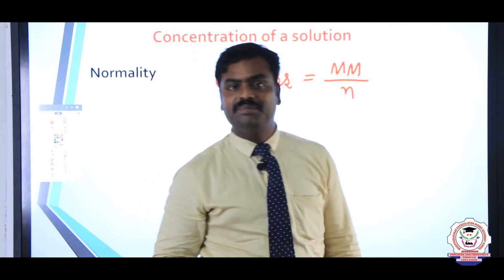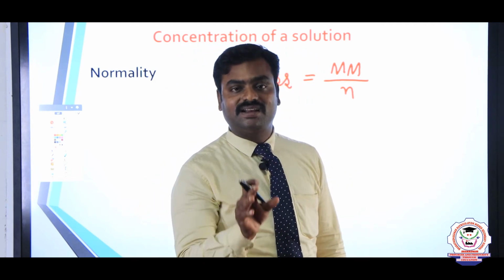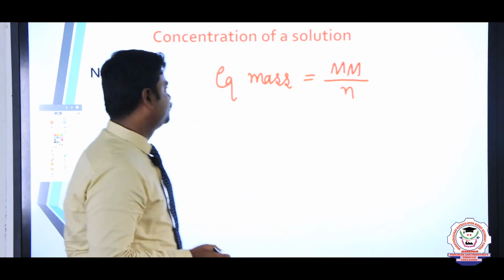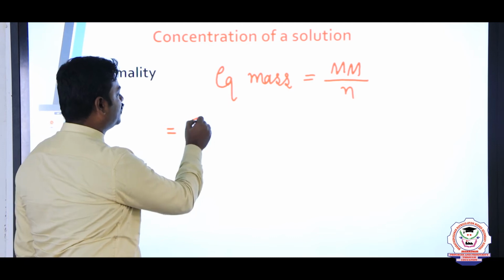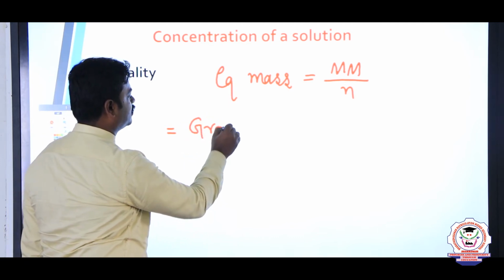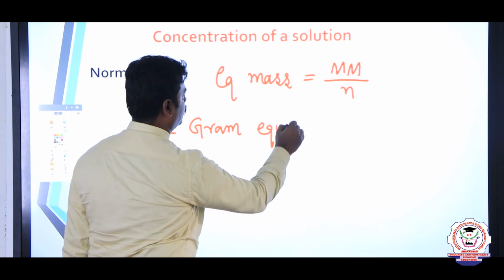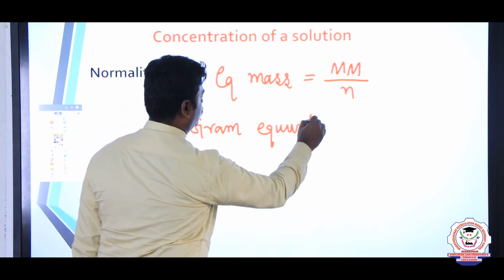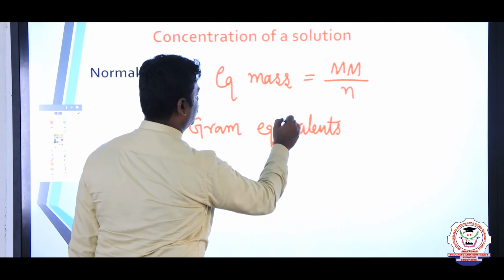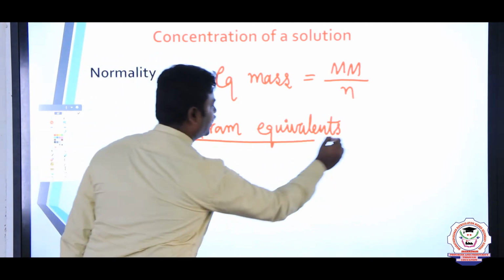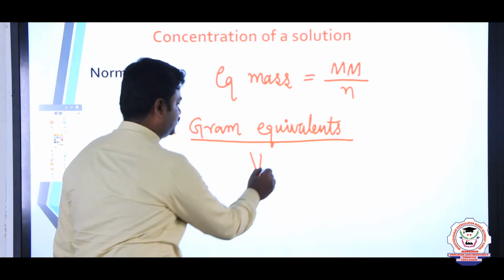Normality is the number of gram equivalents of solute in 1 liter of solution. So normality is equal to gram equivalents divided by the volume of the solution in liters.